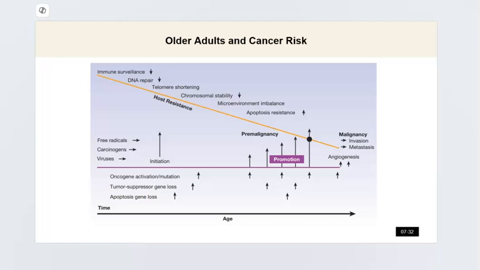When factors favoring malignancy outweigh the factors inhibiting malignancy, well then, cancer develops. So the reasons why people that are aging have more cancer is because we have a favorable environment for more cancer.